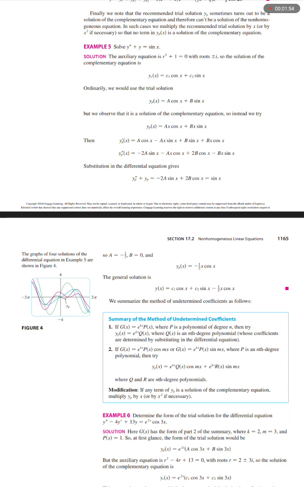So A = −1/2, B = 0, and y_p(x) = −1/2 x cos x. The general solution is y(x) = c₁ cos x + c₂ sin x − 1/2 x cos x.